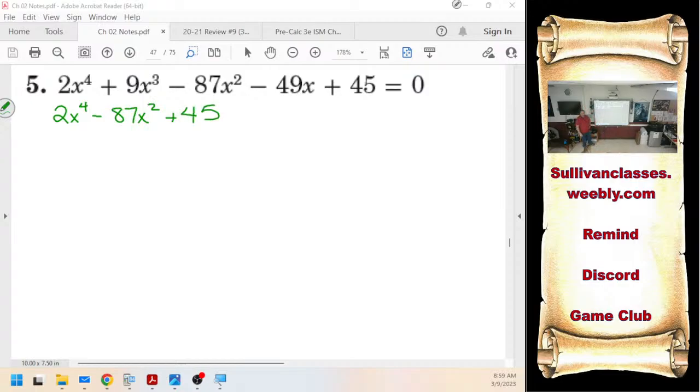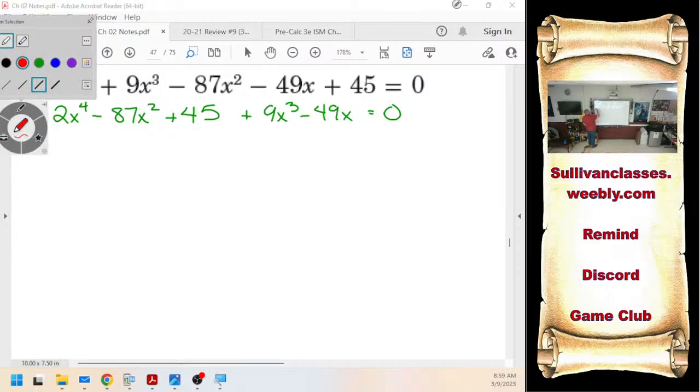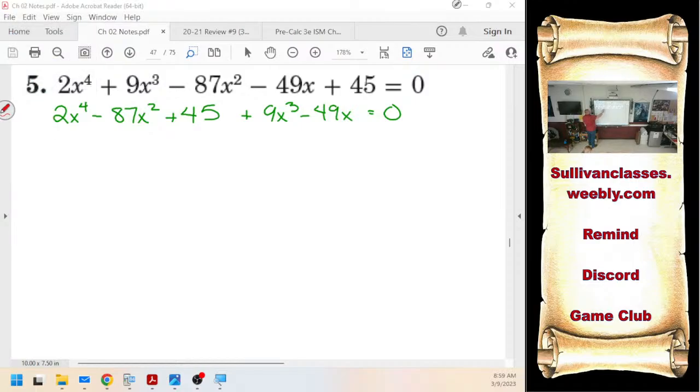What if I took those three terms, set them over here, and then these two terms, and set them over here? Because now this one, 2 times 45 is 90, factors of 90 that add up to negative 87.